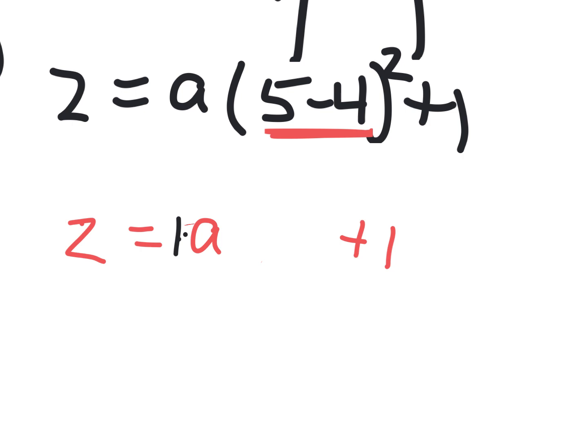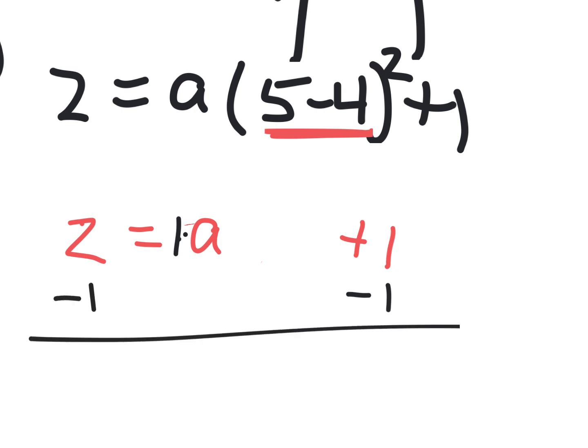No. 1A is the same thing as A. And then I'm going to subtract 1 from both sides. A equals 1. This had a stretch factor of 1. All right, I was telling you that that would be a little too easy. Well, it's our first one, so it should be pretty easy.